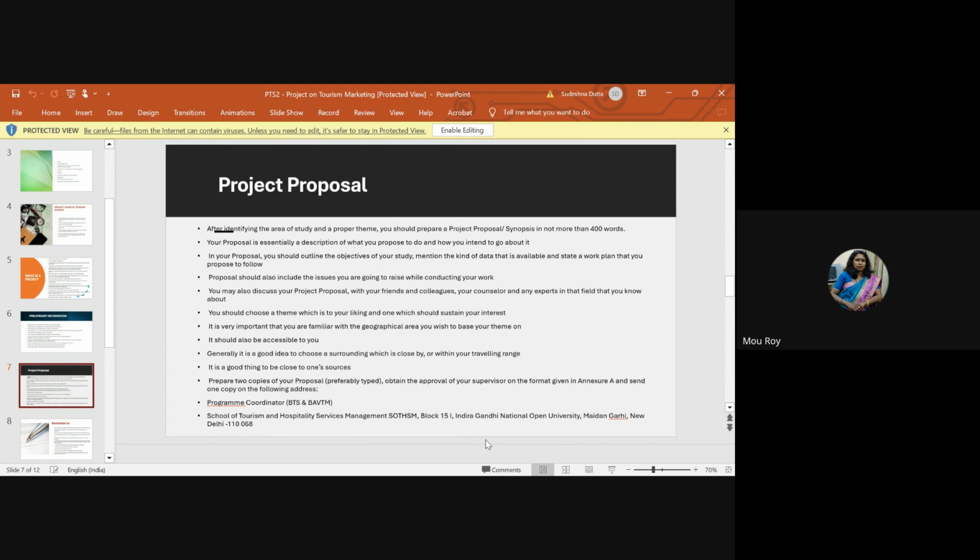What is the background of your topic, what is the scope, what is the objective, why you wanted to do this project, and how would you carry on this project. Then you have to do some data analysis, what are the findings, what is the conclusion. All this, once you interact with people, you get to know a lot of information.